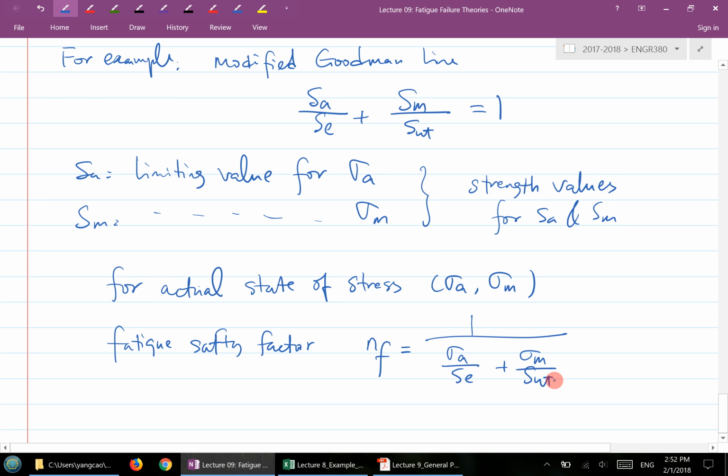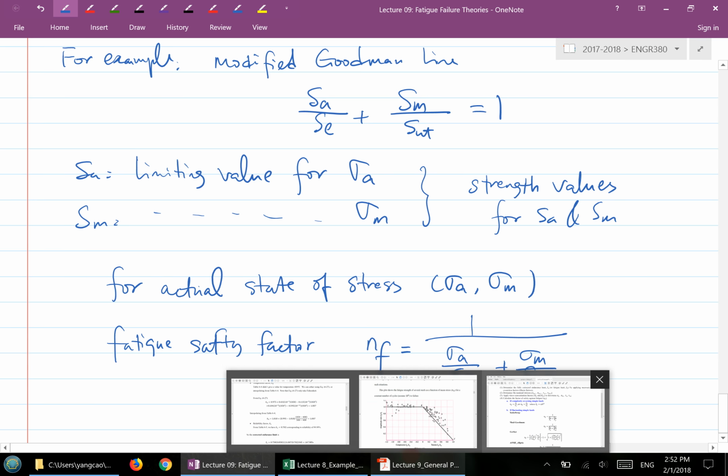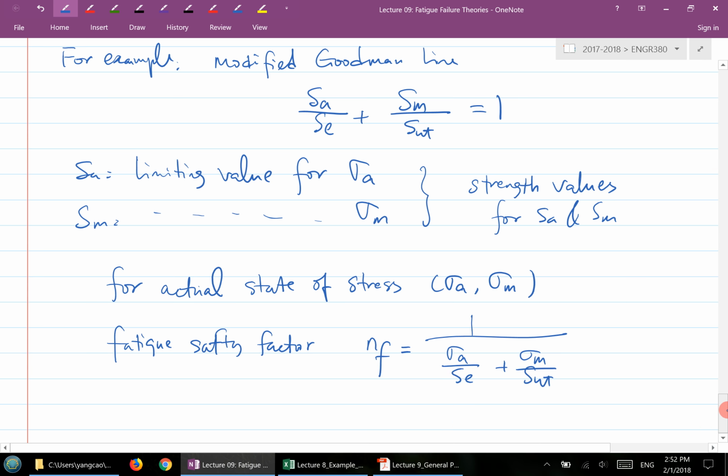So that's the equation for the fatigue failure safety factor. And of course if you choose different lines or different criteria, then you have different safety factor formulas.